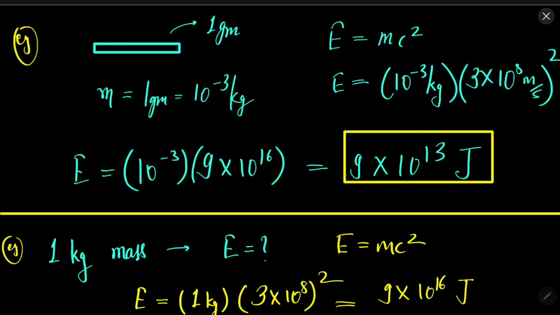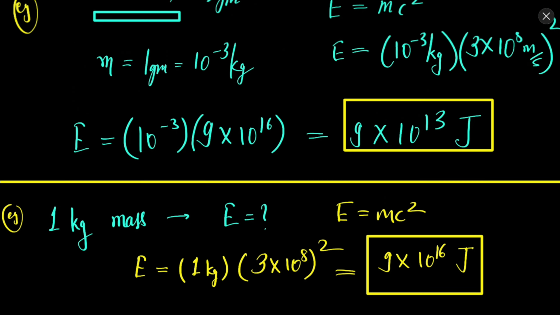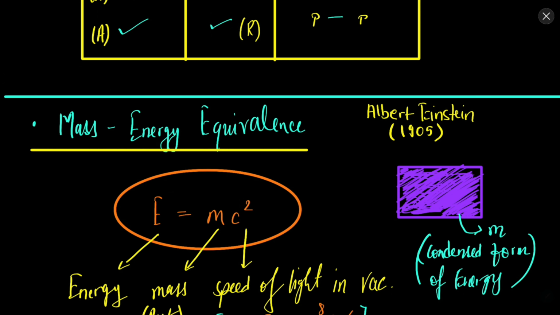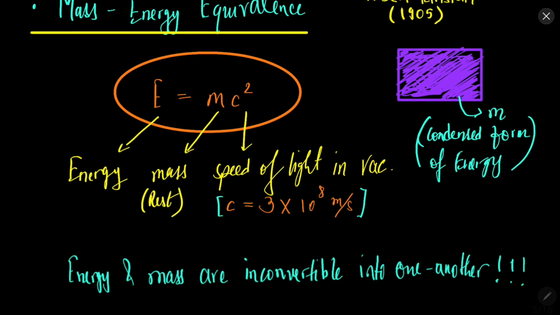So if we can convert the mass into pure energy, we will obtain a lot of energy from just a very small amount of mass. Similarly, if you calculate for a 1 kg object, that much more energy will be there. This is huge. So this mass energy equivalence tells us that energy and mass are interconvertible into one another.